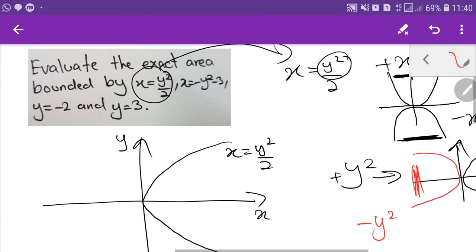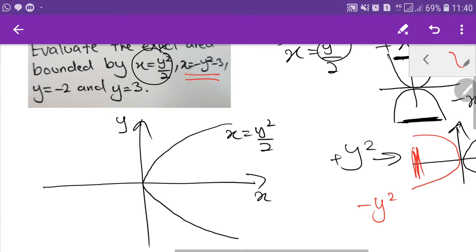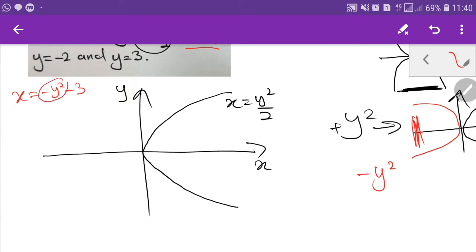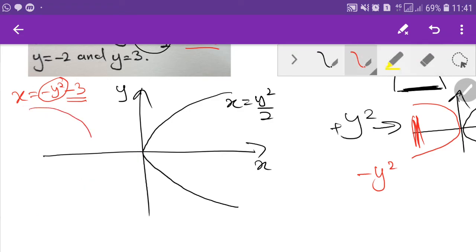Now let's look at the second one. The second function is x equals minus y squared minus 3. So this one, the y squared is negative, so it's a curve that is open to the left, but we have minus 3, so we have to shift it to the right, so it has an intersection of minus 3 over here.